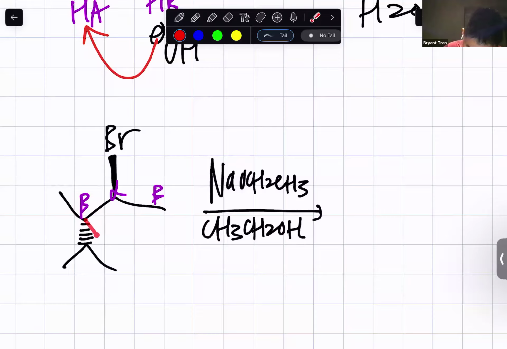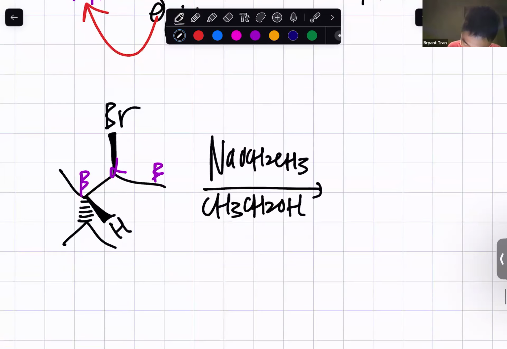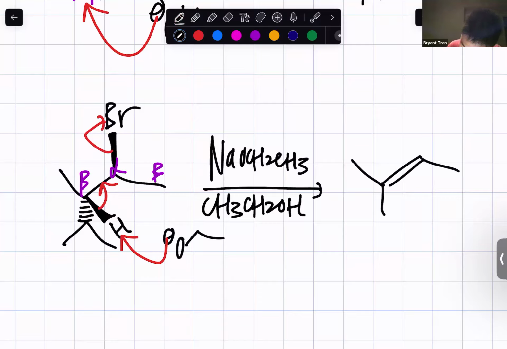But we see the hydrogen right here coming off of that beta carbon is a wedge, right? Say you say that this is your product right here, right?